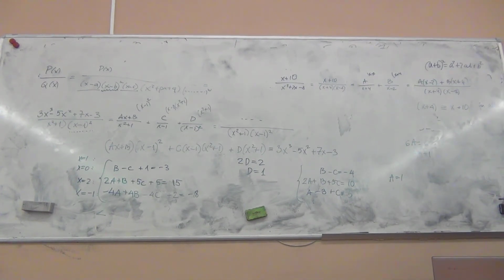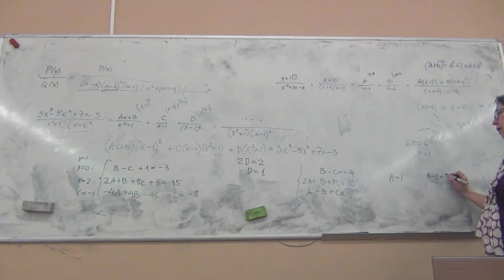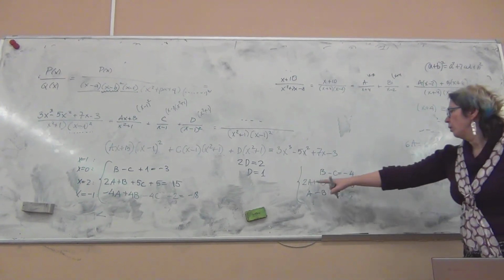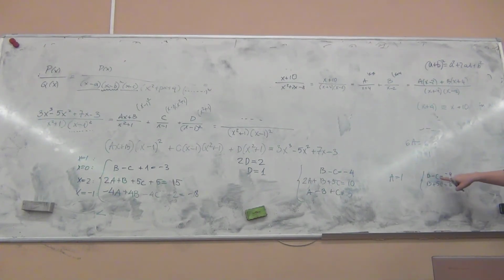If a equals 1, then b minus c is minus 4. 2 carried over, b plus 5c is 8. So subtract this minus this means 6c equals 12.